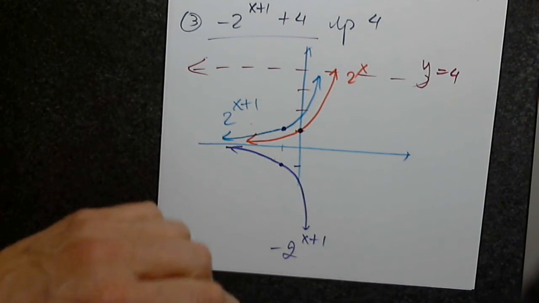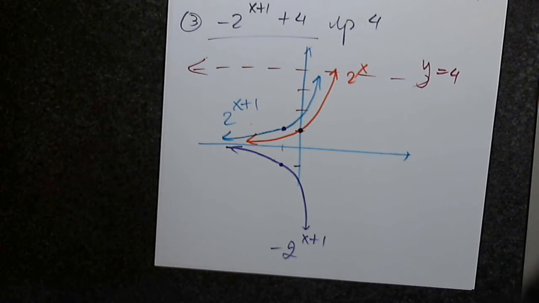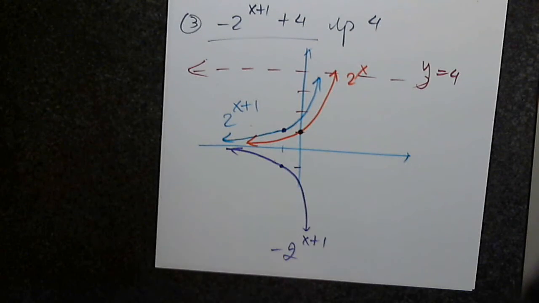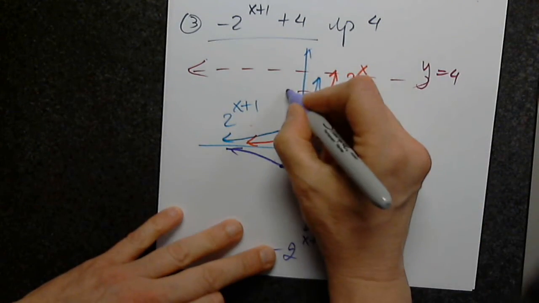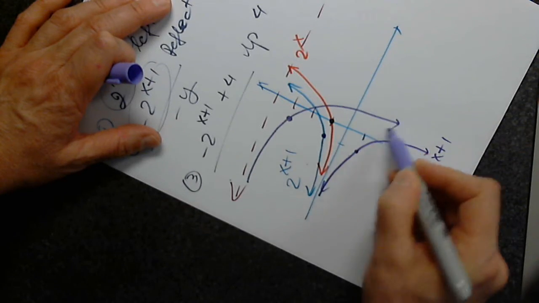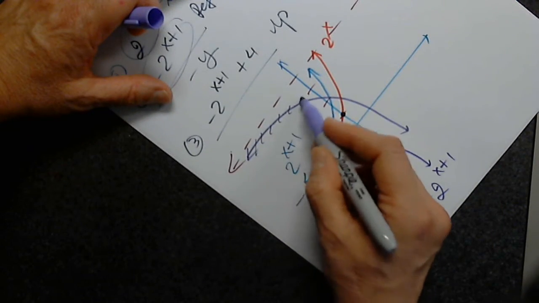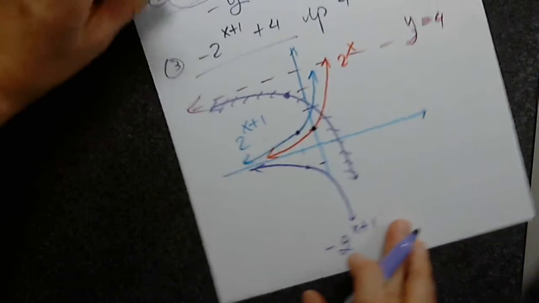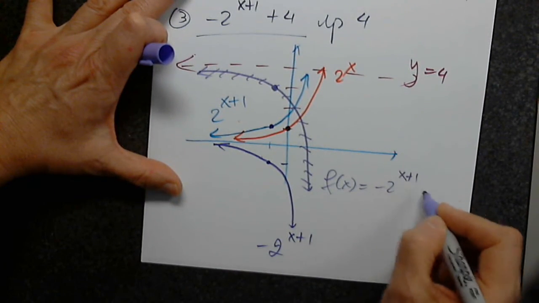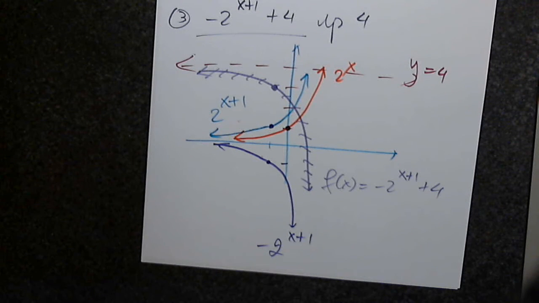Y equals 4 will be the horizontal asymptote to the final graph. But now I need you to tell me, where do I move this point, my special point? Where does it move? Indeed, excellent. Here it is. This is the final graph. F of x equals negative 2 to x plus 1 plus 4, indeed.